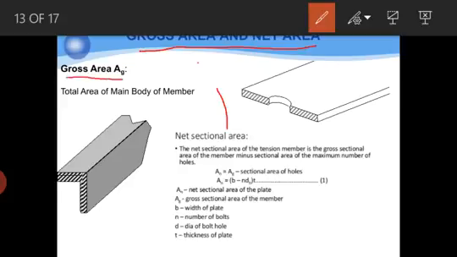The gross area means the total area of the main body of the member. Simply, it is defined for a member which is not subjected to any holes, where no holes are made in the tension member.